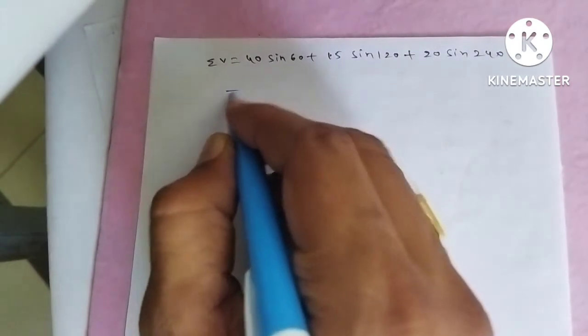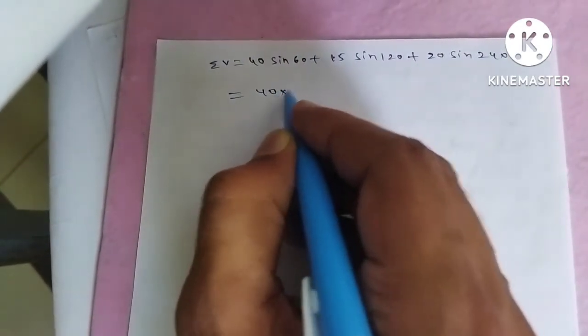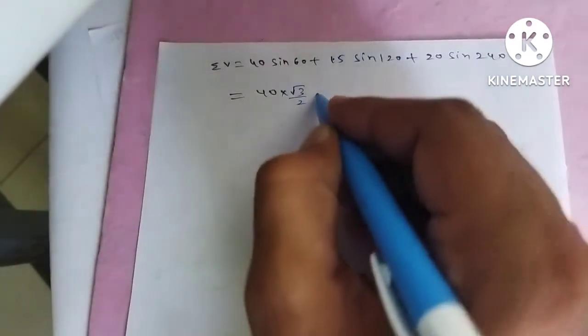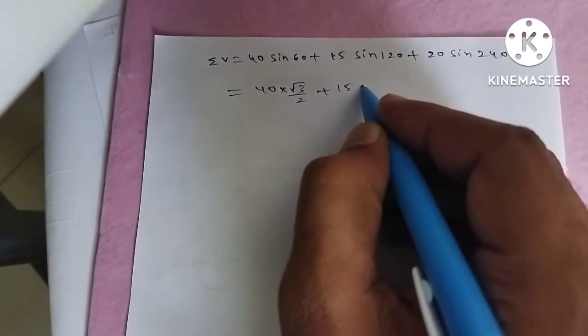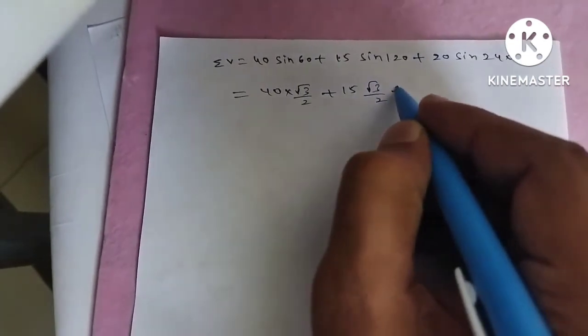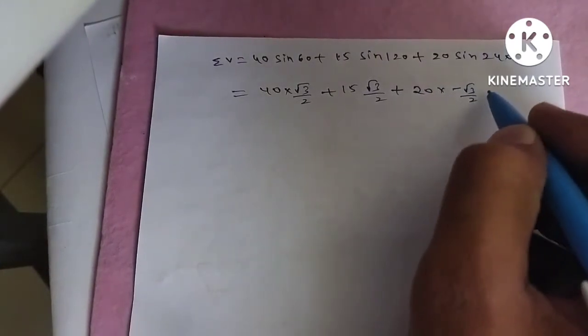Simplify this. Sin 60 is root 3 by 2, plus 15 into sin 120, root 3 by 2, plus 20 into sin 240, minus root 3 by 2.